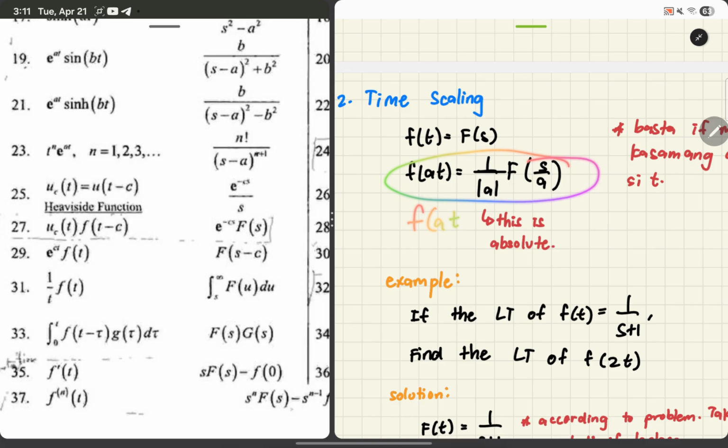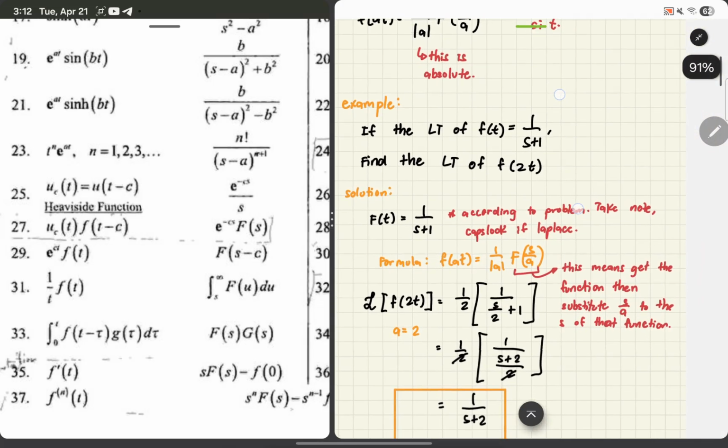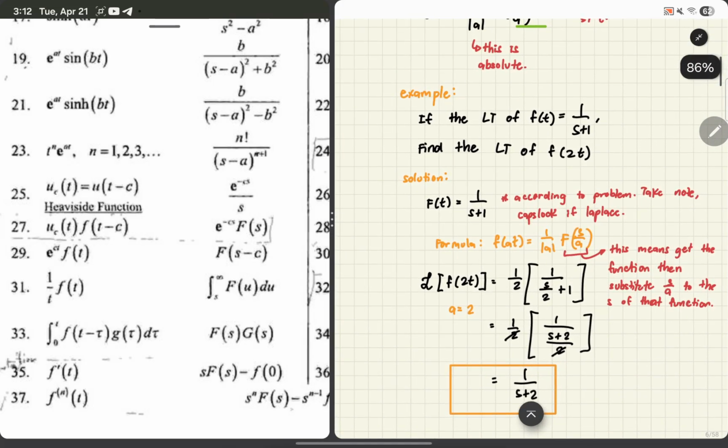F of at is equal to 1 over a, this is absolute, and then the Laplace transform of the function, and all s should be changed into s over a. Okay, so in our example, we have, if the Laplace transform of f of t is equal to 1 over s plus 1, find the Laplace transform of f of 2t.